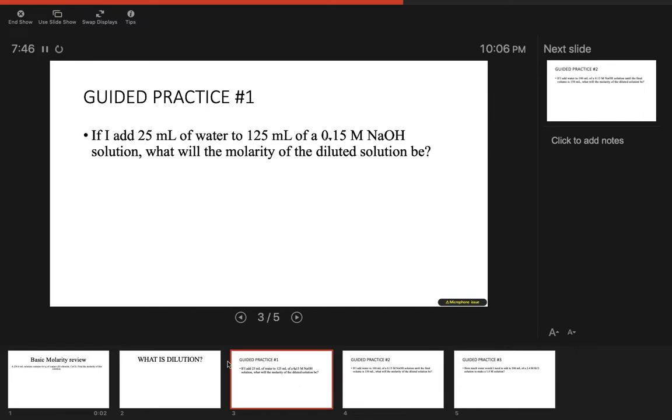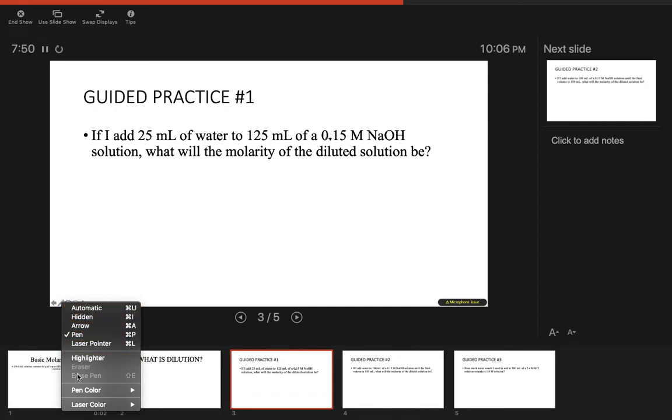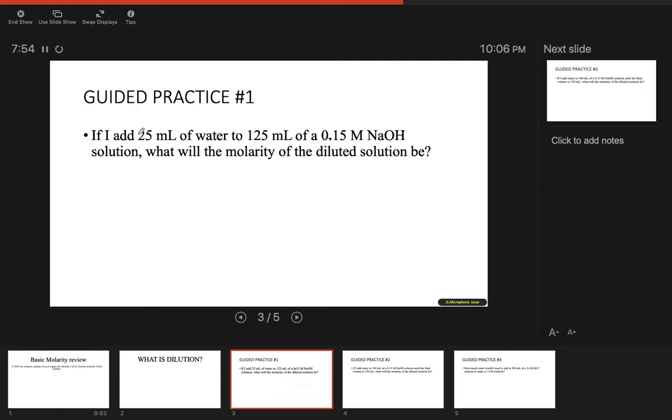Let's see. The question says, if I add 25 milliliters of water to 125 milliliters of 0.15 molar NaOH solution, what will the molarity of the diluted solution be?